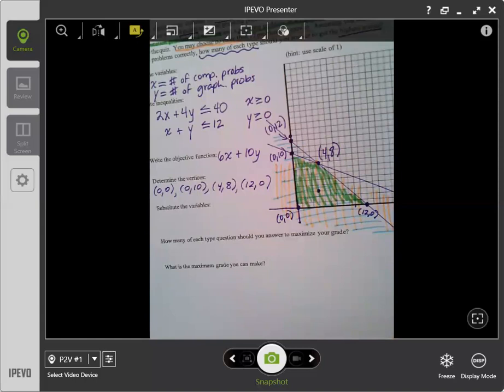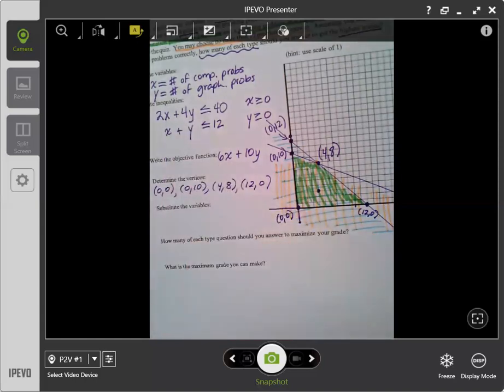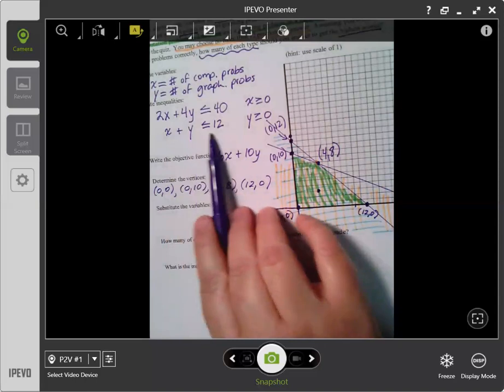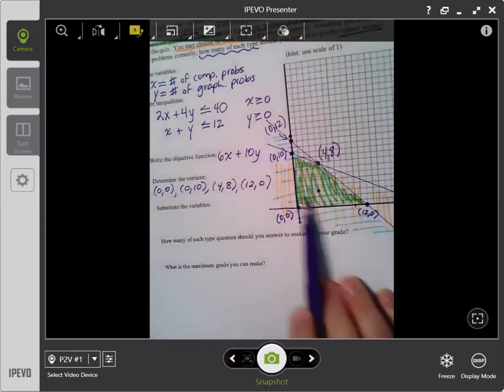So that would be a possibility. That would be something that fits all the constraints. That's 7 problems, so that wouldn't go over the 12 problem limit. It would fit all the constraints I have.